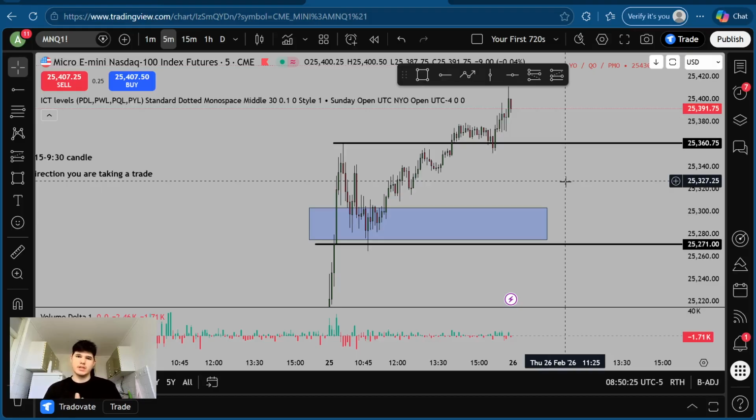Rather than, it's an A plus setup, you risk a little bit less, you make a little money, then one loss puts you back to where you're at. Instead you size up, make a bunch of money, and if you do end up taking a loss later on in the day or whatever it is, you are still up significantly, and then you can take another win. And it's all a numbers game.